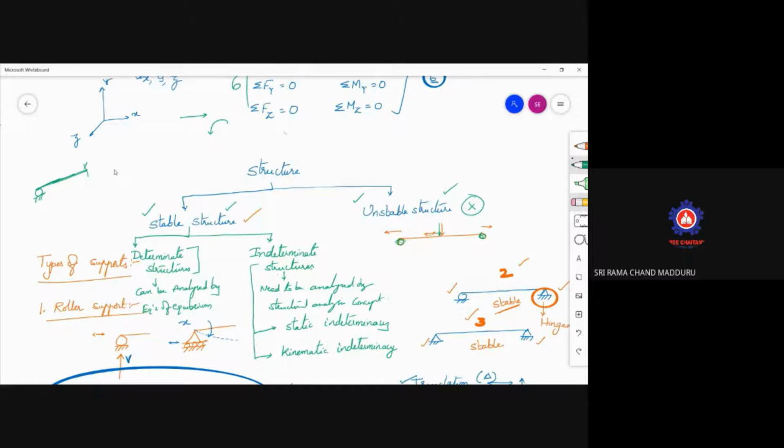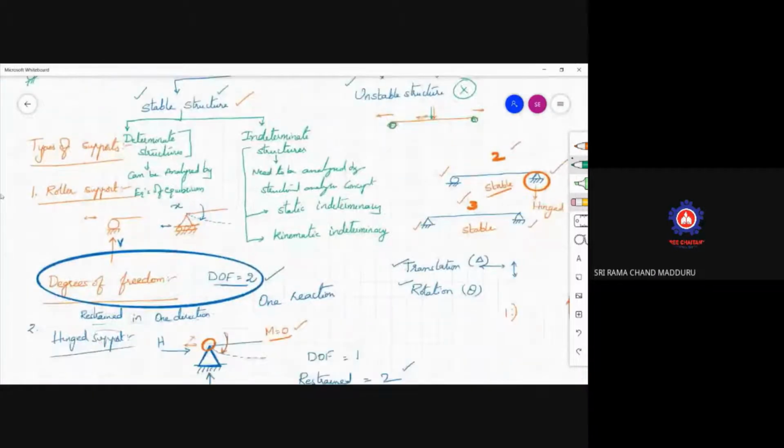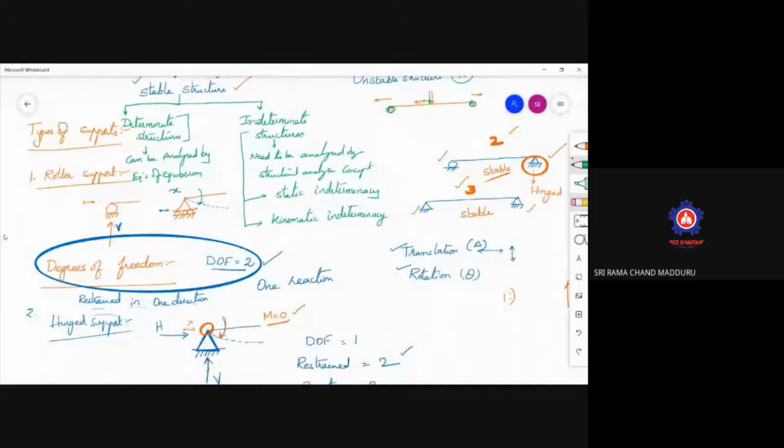I have to understand what is the type of support. In the types of supports, you people know that there are majorly three types, although further types are available. The first one is the roller support, which can be shown in these two shapes, either like this or like this.